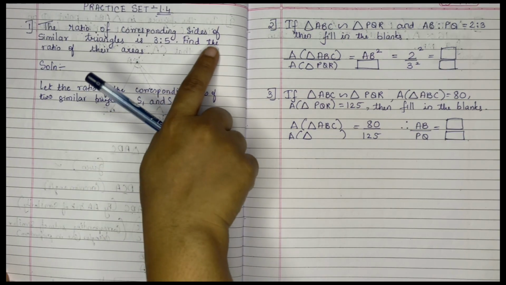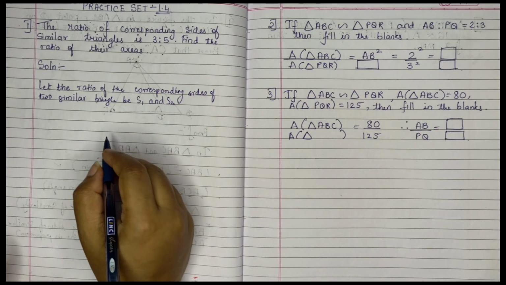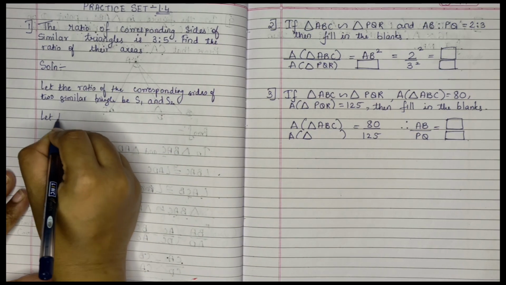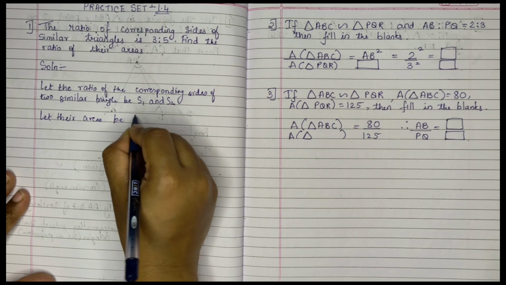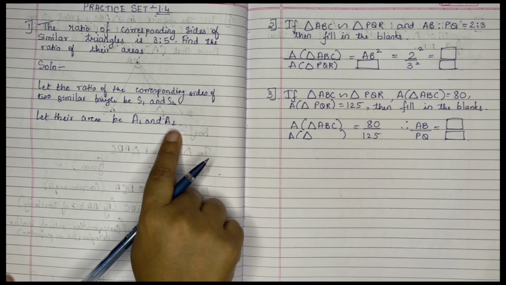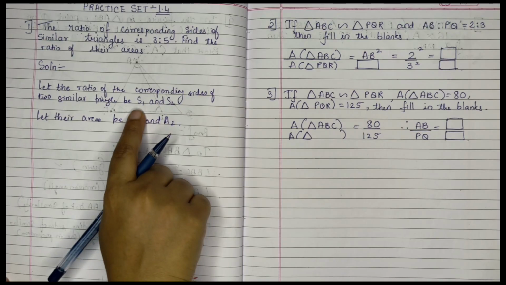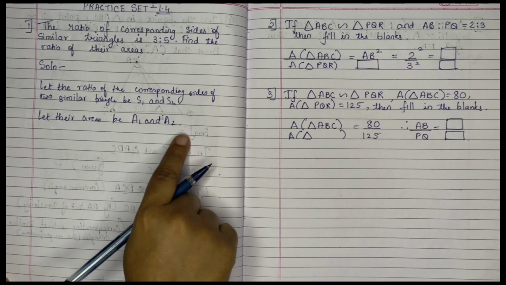Now let their areas be A1 and A2. Their corresponding sides will be S1 and S2, and areas will be A1 and A2.